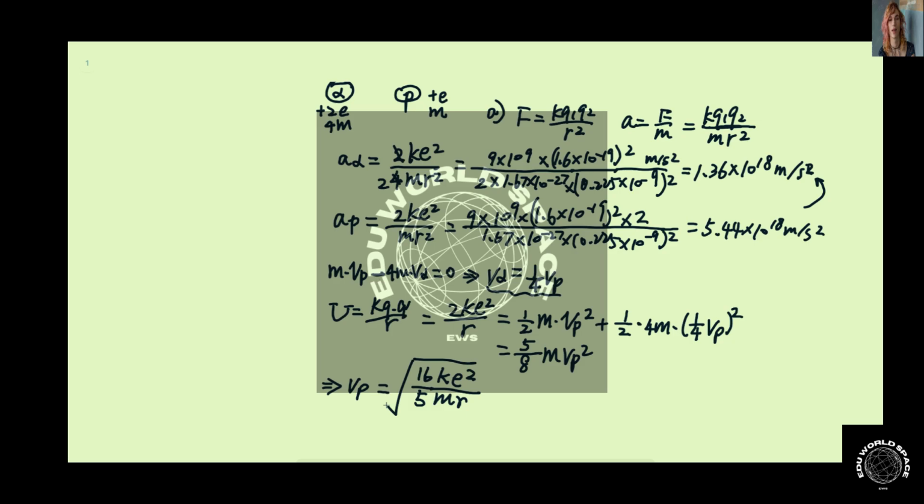So this is v proton, and we can find it by having 16 times 9 times 10 to the 9 times 1.6 times 10 to the negative 19 squared, over 5 times m, which is 1.67 times 10 to the negative 27, times r, which is 0.225 times 10 to the negative 9.